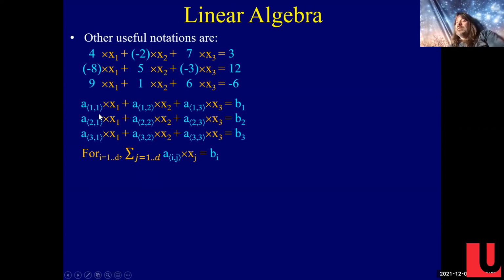Here this is row i, and we're doing the jth column. We're taking aij and multiplying it by xj, and summing up along here.